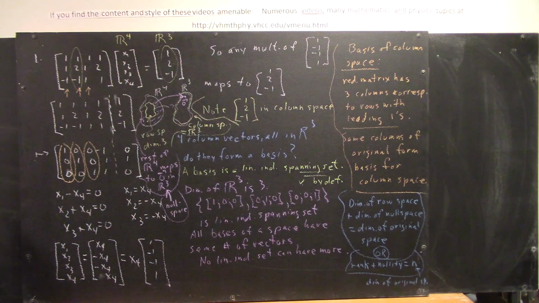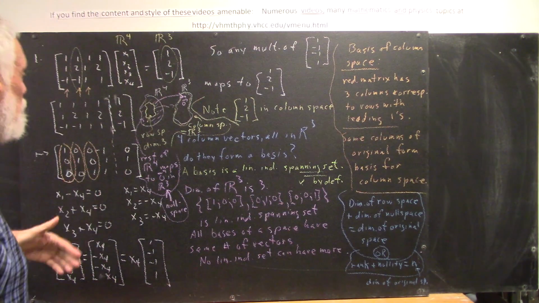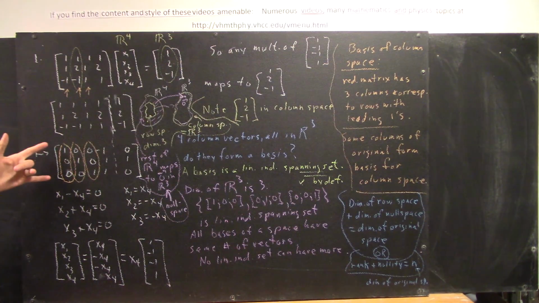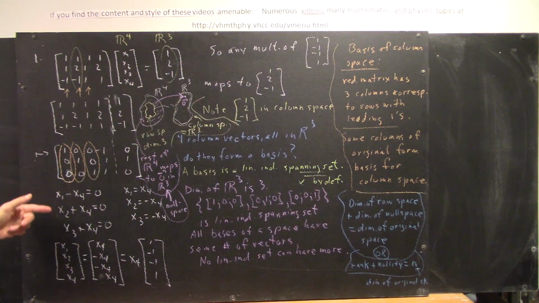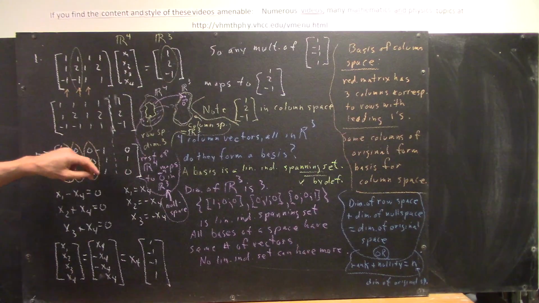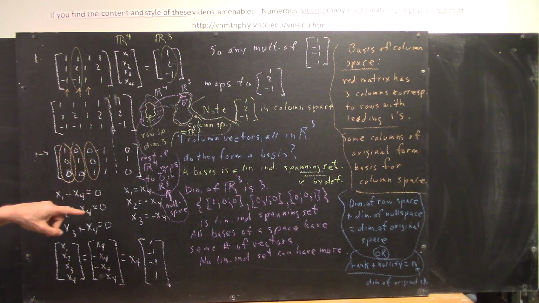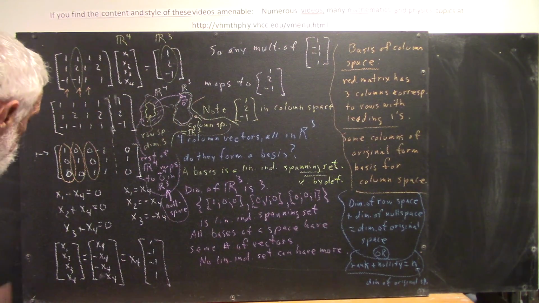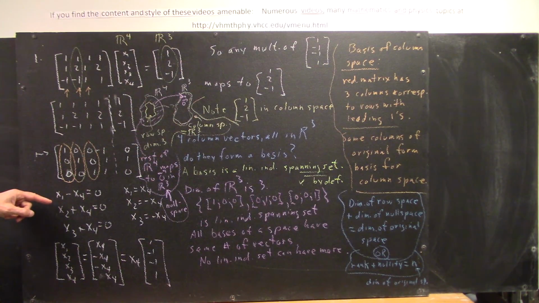Okay, well, to answer the question, we simply write down an augmented matrix and reduce it, and it reduces to this, and you can verify that's the correct reduction. And then we just interpret these 3 rows as equations, and we've done that here. So we have x1 minus x4 equals 0, x2 plus x4 equals 0, x3 plus x4 equals 0. And that allows us to get x1 in terms of x4, x2 in terms of x4, and x3 in terms of x4.